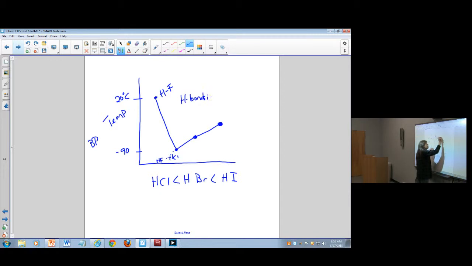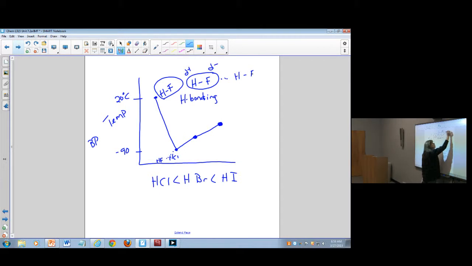Remember, this is one of those molecules that, when H and F are bonded together, has really strong interactions. This will be partially negative on the molecule, and that's going to interact very strongly with the hydrogen on the next molecule. So this hydrogen bonding happens right here.